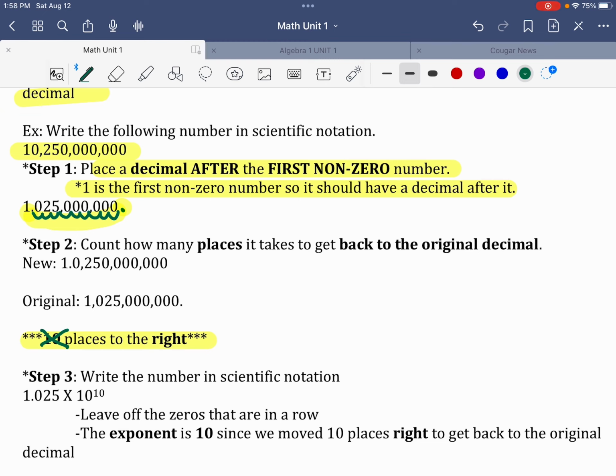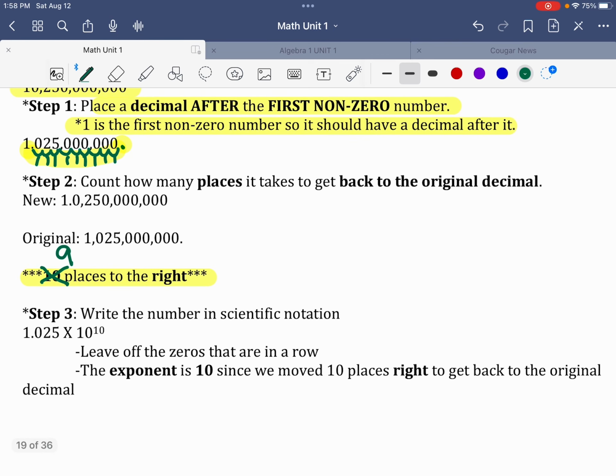Okay, so now that we know we moved it 9 places, and I counted, I'm double checking just to be sure: 1, 2, 3, 4, 5, 6, 7, 8, 9. 9 places. That means it's a very big number. I'm going to write it as 1.025. You can't leave out zeros if they're in between numbers, but we can leave out all of these zeros because we moved our decimal right here.